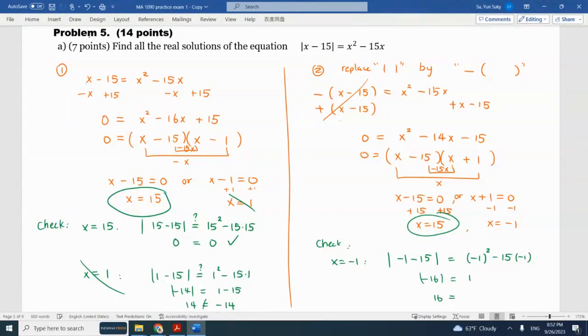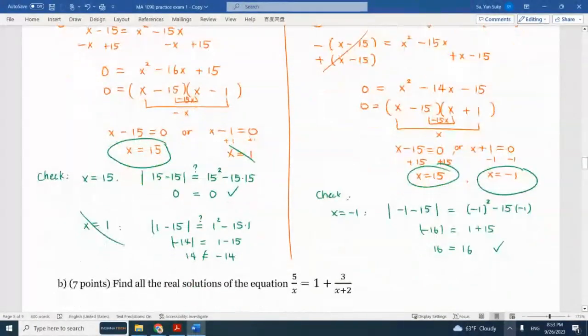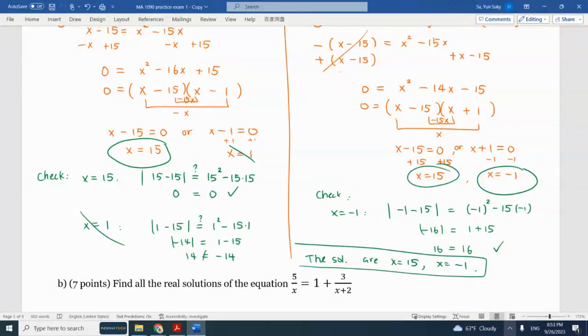On the right hand side, minus 1 squared is 1. Minus minus becomes plus. Oh, you see, 1 plus 15 is actually 16. Yes, x equals minus 1 is a solution. So the solutions are 15 and minus 1. So this is the final answer.